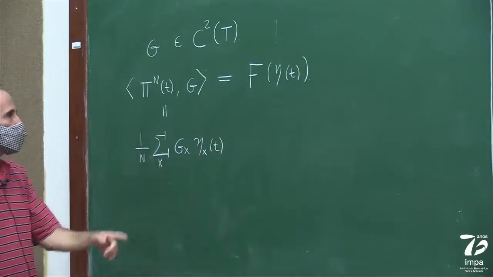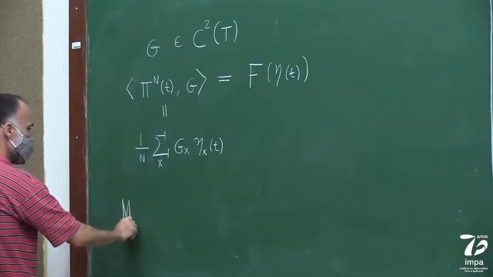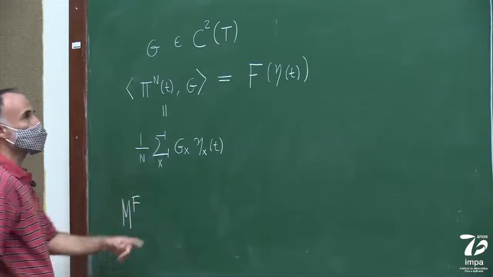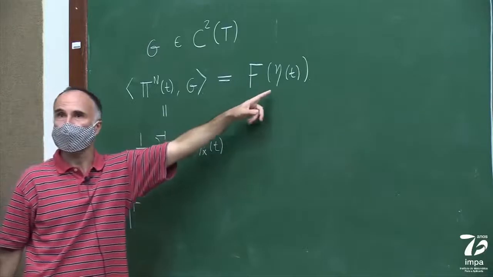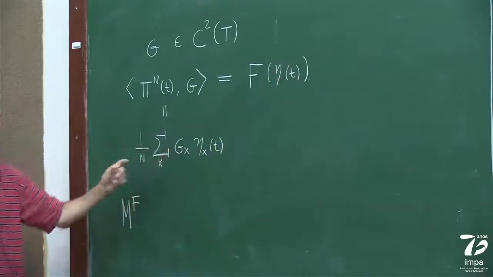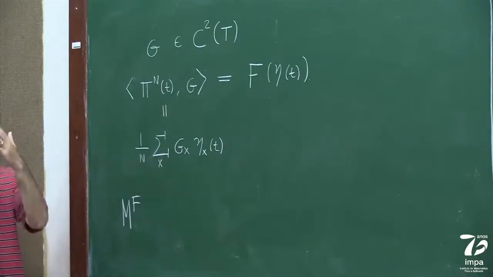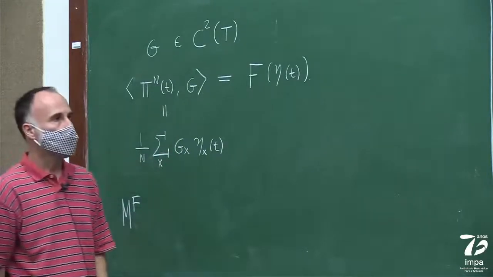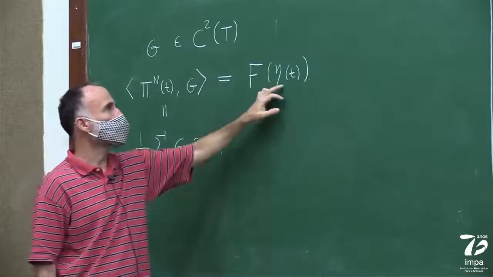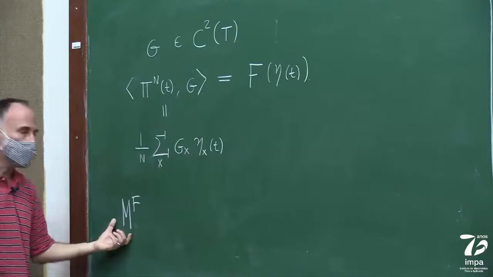So the martingale I want to construct is the martingale associated to this function. This is a function of the configuration: give me a configuration, here's the value of this function. Now, we have seen that if I have a Markov chain x t, I take a function of x t, then I can construct a martingale.